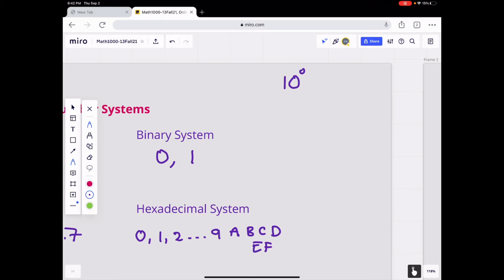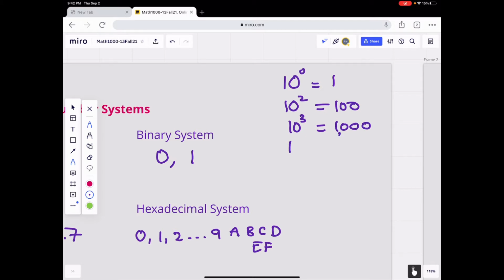So let's say the base of 10, which is the decimal number system, goes from power 0 and so on and so far. Any number to the power of 0 equals 1, all right? So 10 to the power of 0 equals 1, and 10 to the power of 2, or 10 squared, equals 100. 10 to the power of 3 equals 1,000.